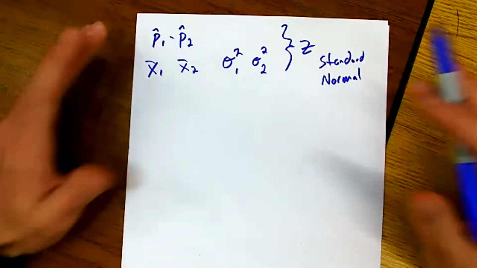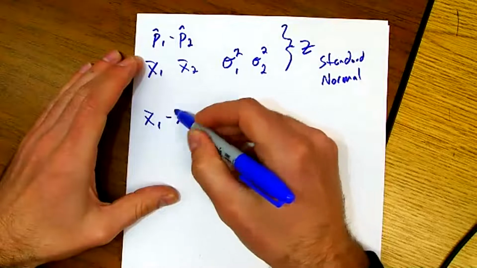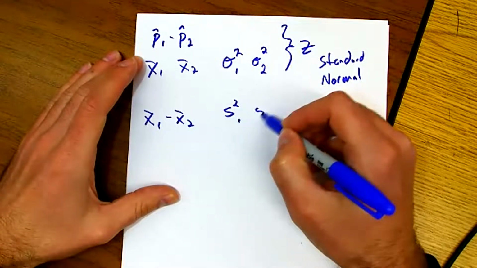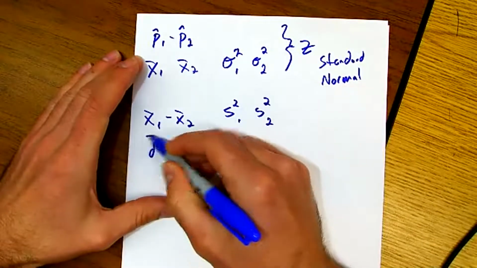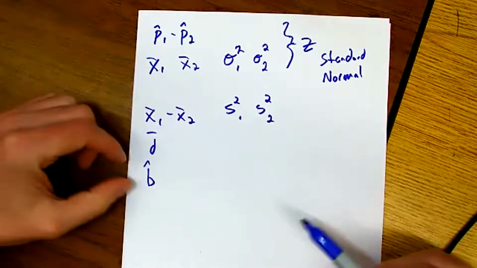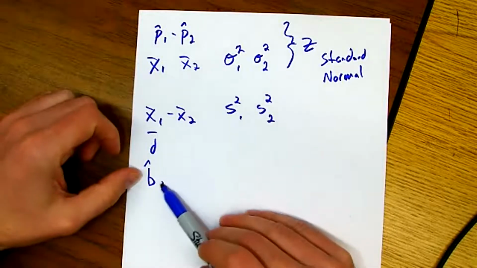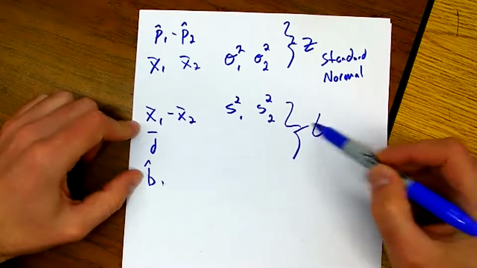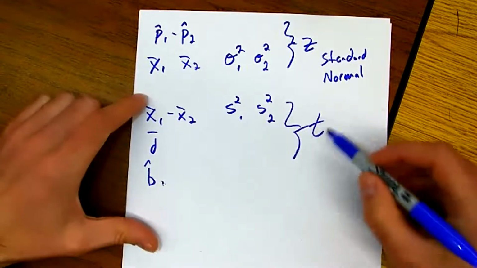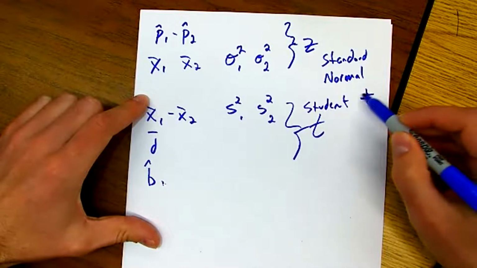Every other scenario, you're looking at the student t distribution. So if I've got sample means and sample variances, matched pairs or the average difference, or calculating test statistics for our coefficients, these are all student t distributions.